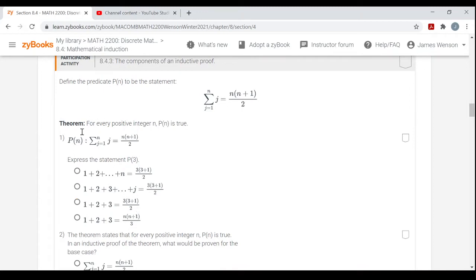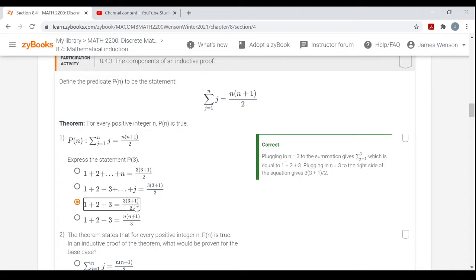They're just trying to get you familiar here with the predicates. So express the statement P of 3. Let's replace n with 3. The left side would be the sum from j equals 1 to 3 of j, which should just be 1 plus 2 plus 3. And the right side, plugging in 3 for n, would be 3 times 3 plus 1 over 2. So it's this expression here. This is the statement P of 3.